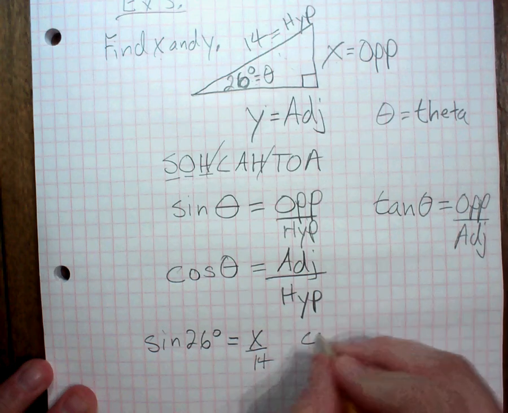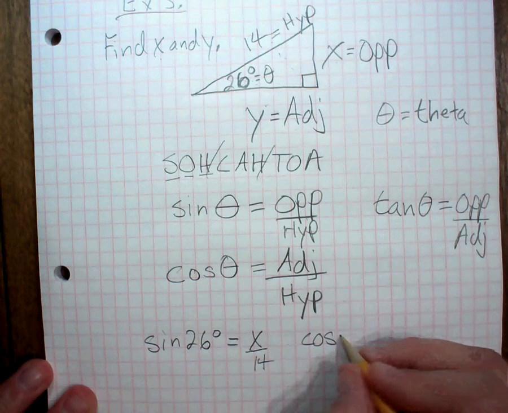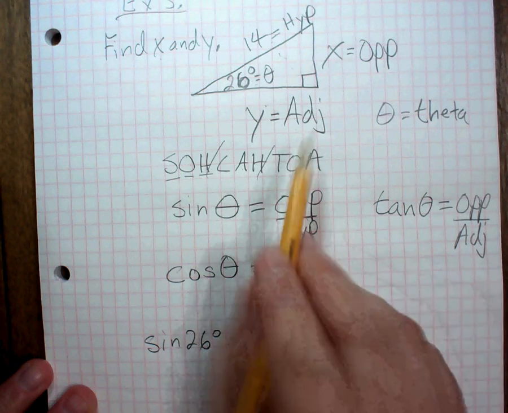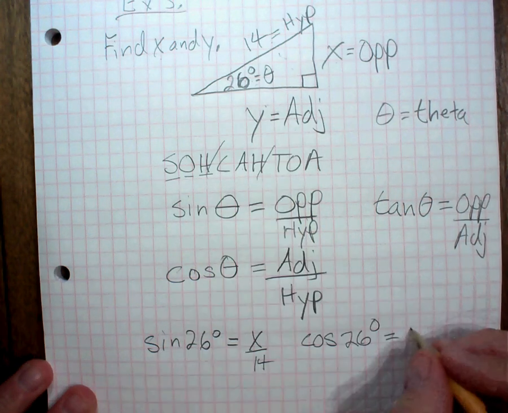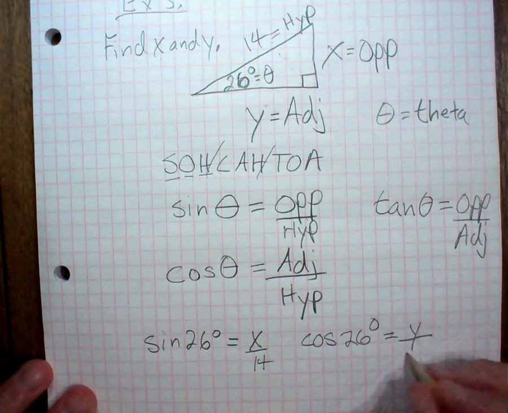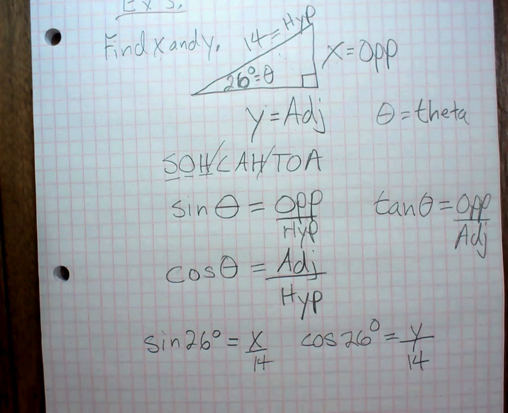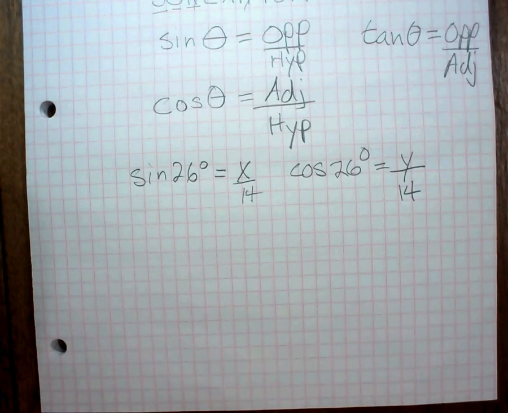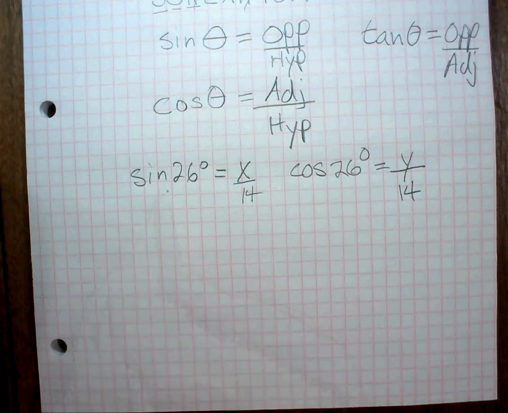And then cosine of 26 is equal to the adjacent, which is y, over the hypotenuse, which is 14. So now that I've got that set up, I can find these values by just plugging them in the calculator.